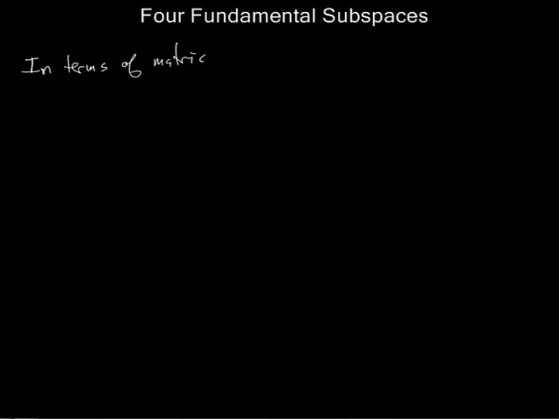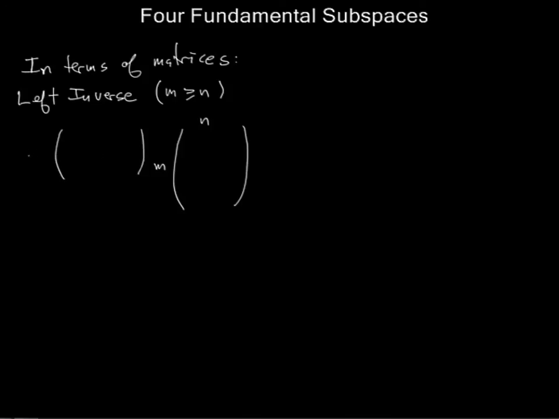So let's draw this in terms of matrices. I think it's quite helpful to think in terms of matrices. It's a little more elementary, and it kind of helps to see what's going on. So to have a left inverse, I'm saying that m has to be bigger. So the picture is this. I have an n times an m matrix. I'm supposed to be getting the identity of size n.